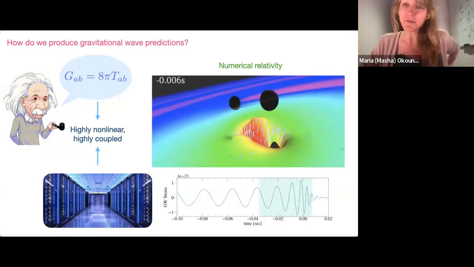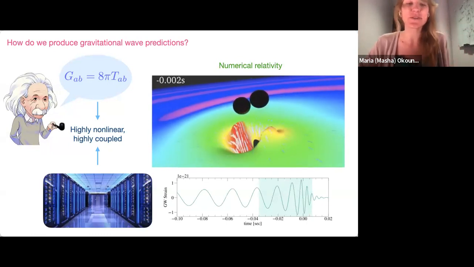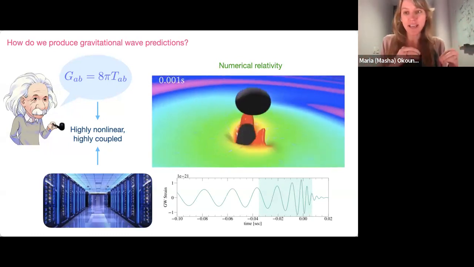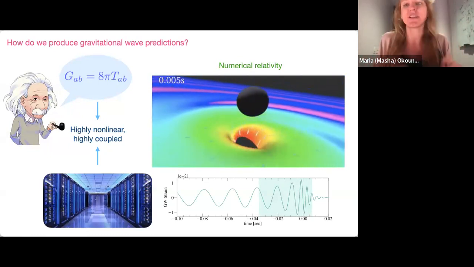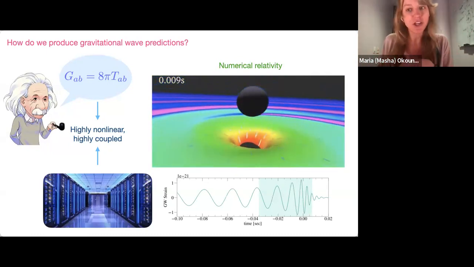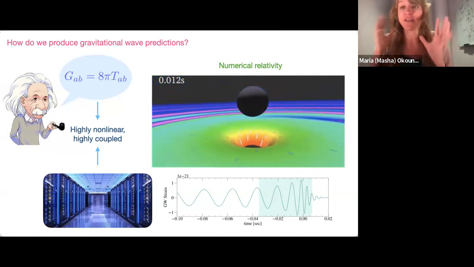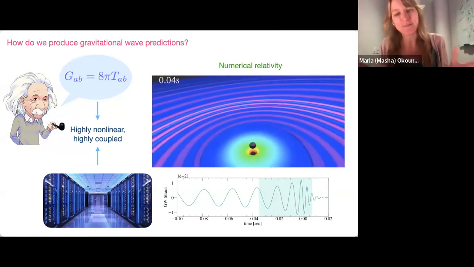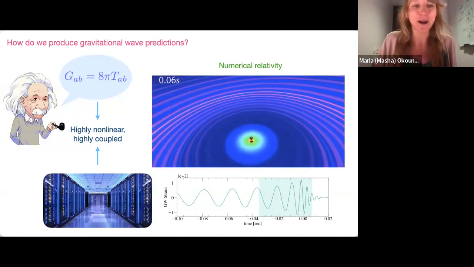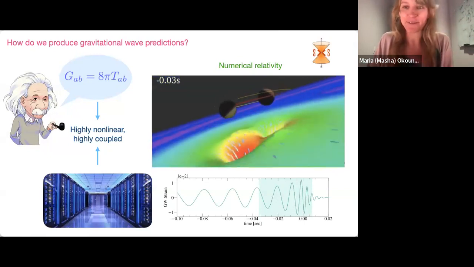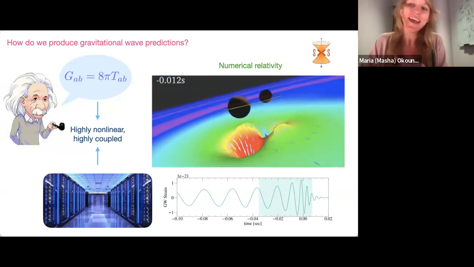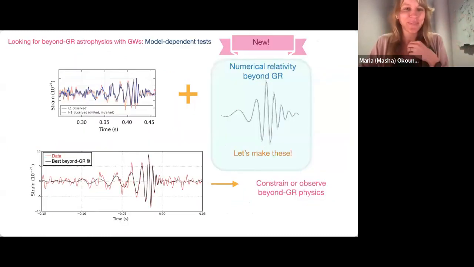And so our ultimate goal in this program is using the tools of numerical relativity to produce predictions for gravitational radiation in beyond-GR theories of gravity, so not just general relativity, but beyond-GR theories of gravity as well. And this is all done within the context of the Simulating eXtreme Spacetimes collaboration with the SpEC code.